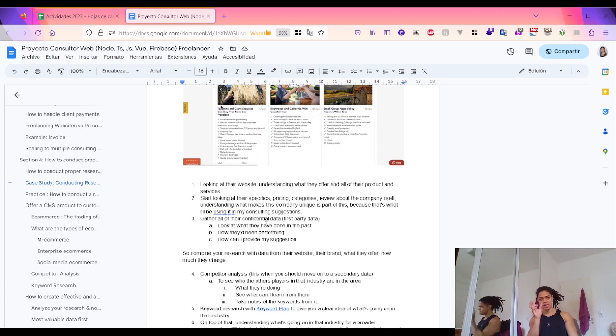And then on top of that, you look at world news to get real feedback from the world, and understand that everything that you have researched, meaning looking at their website, understanding the specifics, seeing what they have done in the past and how they have been performing by looking at the first party data, then switching to the competitor analysis to know who the other players are and see what you can learn from them, and making a keyword research using keyword tools from Google or any other provider to understand what is going on in that industry.